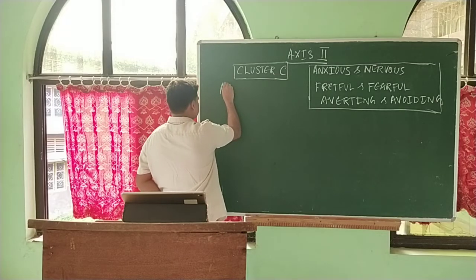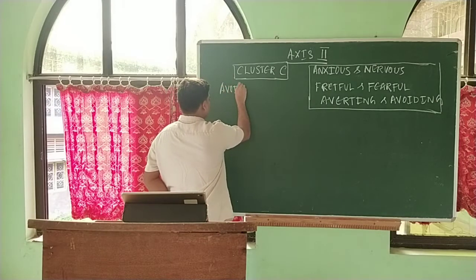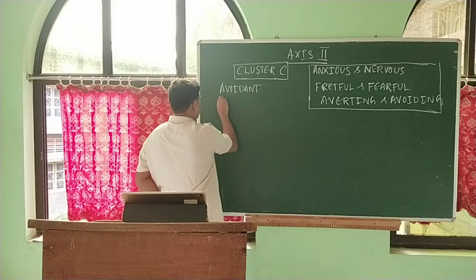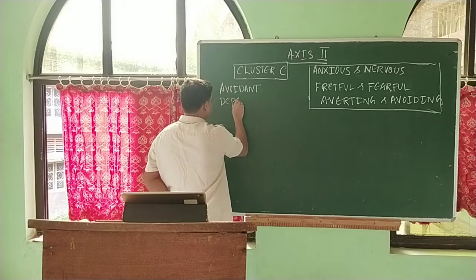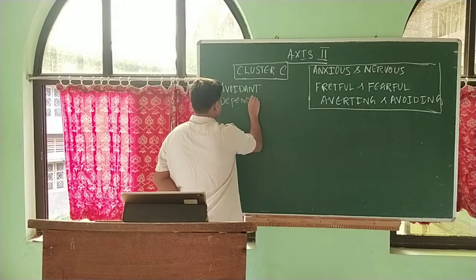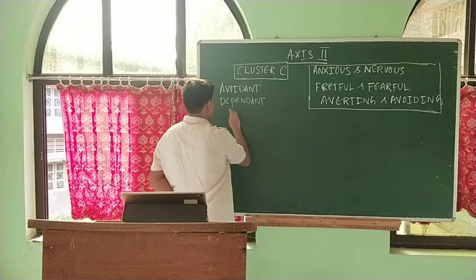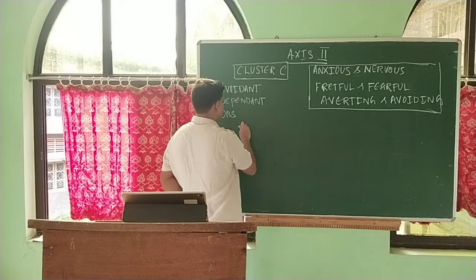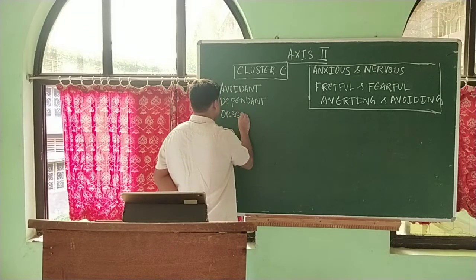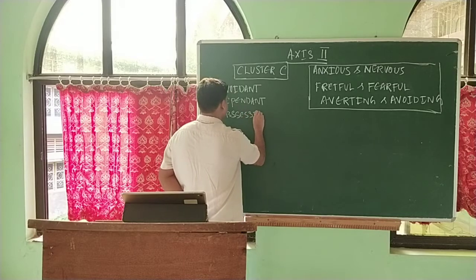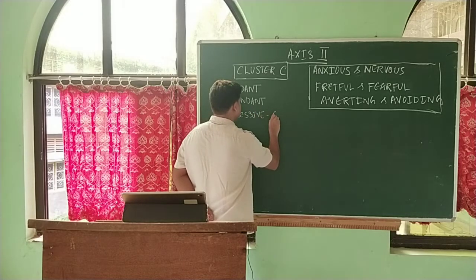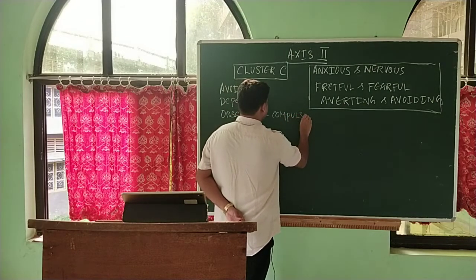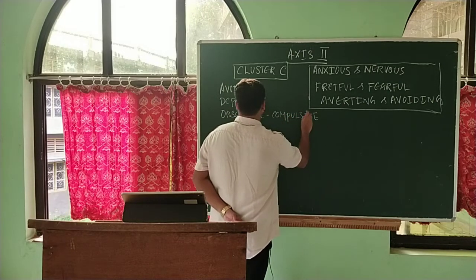Avoidant, dependent and obsessive compulsive. All these 3 are anxious people, or nervous people. They are obsessive, they are also compulsive. Obsessive compulsive personality disorder.